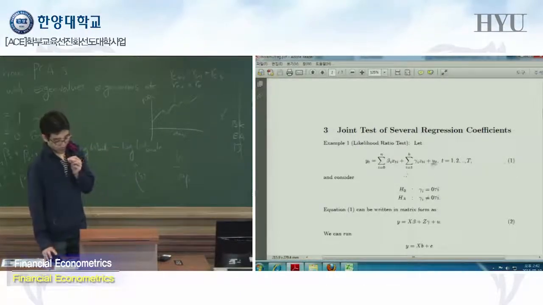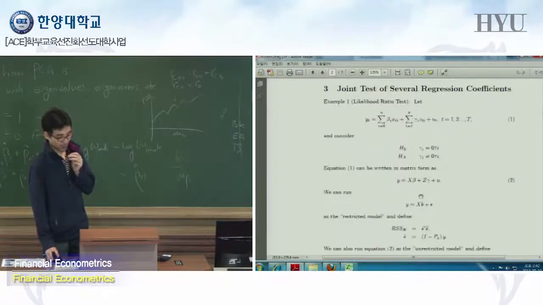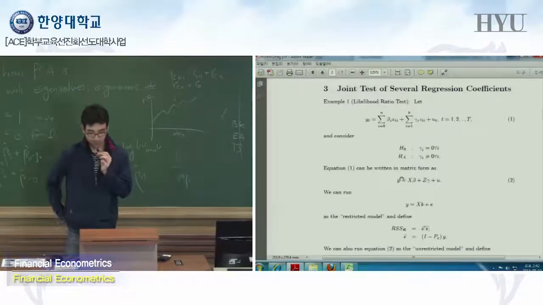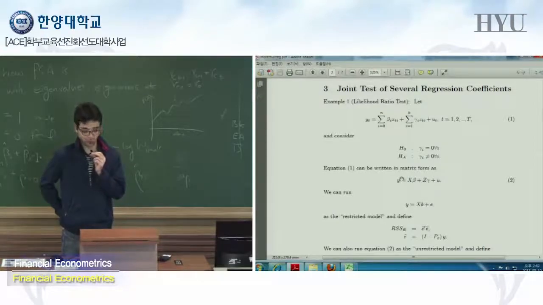So basically, equation 1, if we use matrix notation, can be written in matrix form as y equals X beta plus Z gamma plus u.